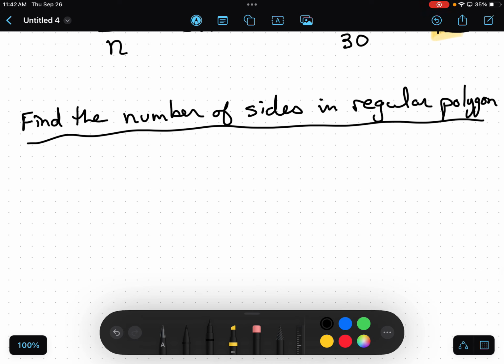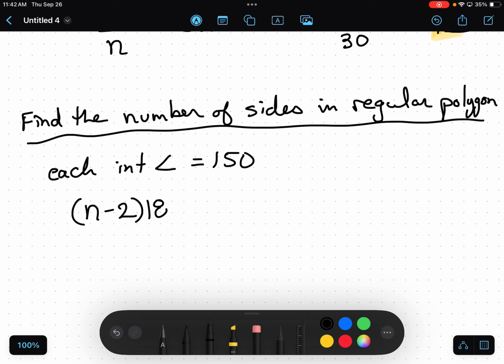And so they're going to tell you something like each interior angle is 150, and I want you to figure out how many sides that means. So here's how we do that. We take that n minus 2 times 180 divided by n and set it equal to 150. Our job is to find n.